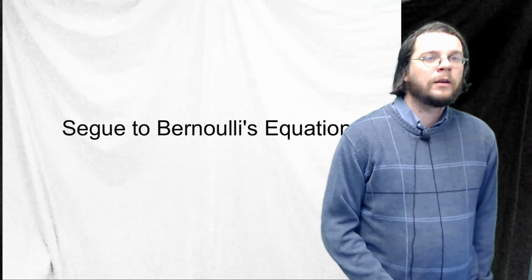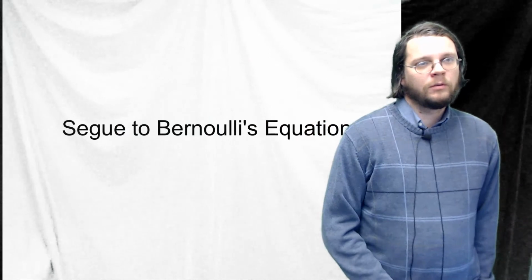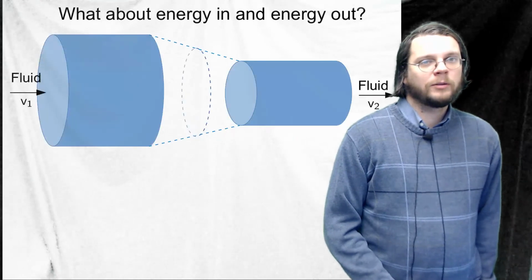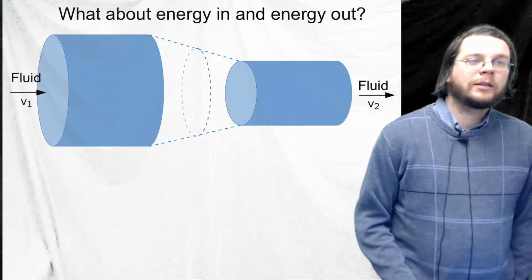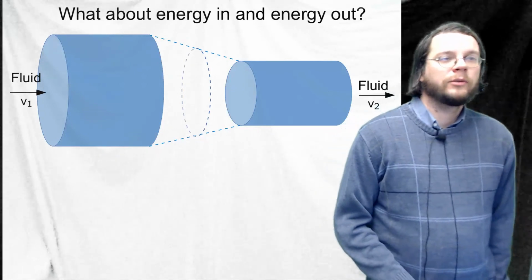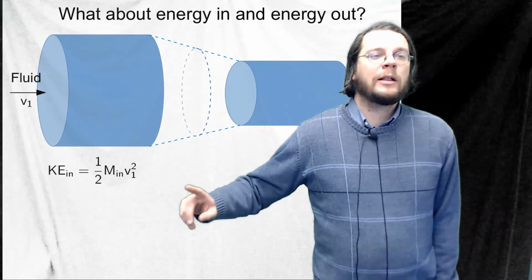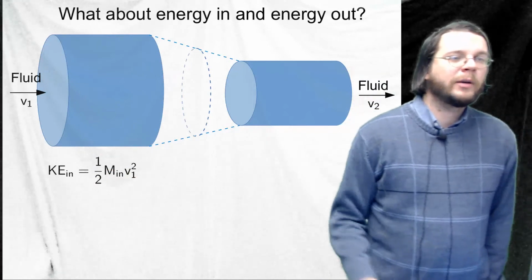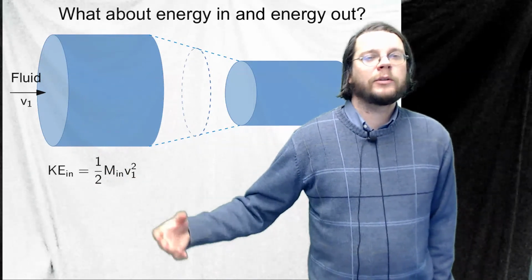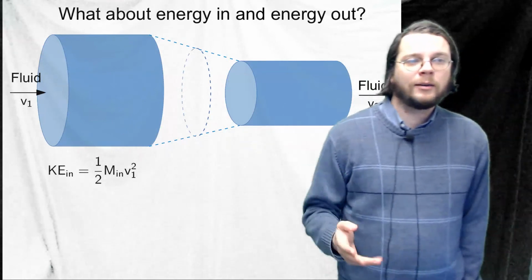All right, now here's a brain teaser for you that is going to help us understand a new equation we've got to wrap our minds around. How much energy is in and how much energy comes out? So if you think about the kinetic energy of the stuff coming in, well, there's a certain amount of mass coming in that has a certain velocity, so that velocity is squared, that mass coming in. By the way, this is the kinetic energy over some period of time, so maybe it's like a second or something, how much kinetic energy comes in 1 second.